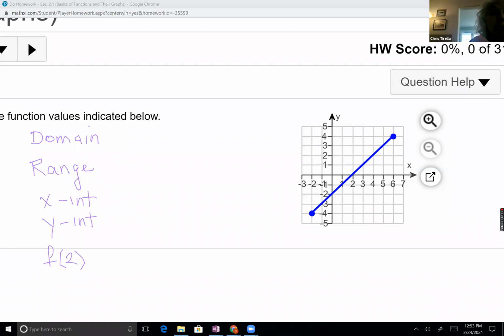Are we ready to go over, or are we still working? Get the hang of it. I'm ready.